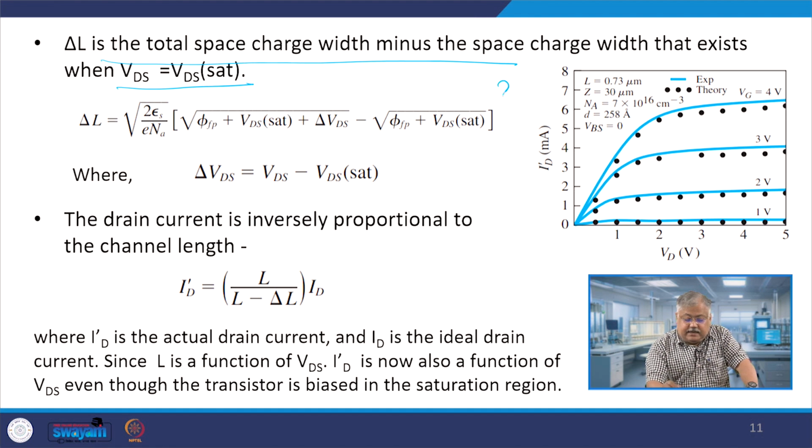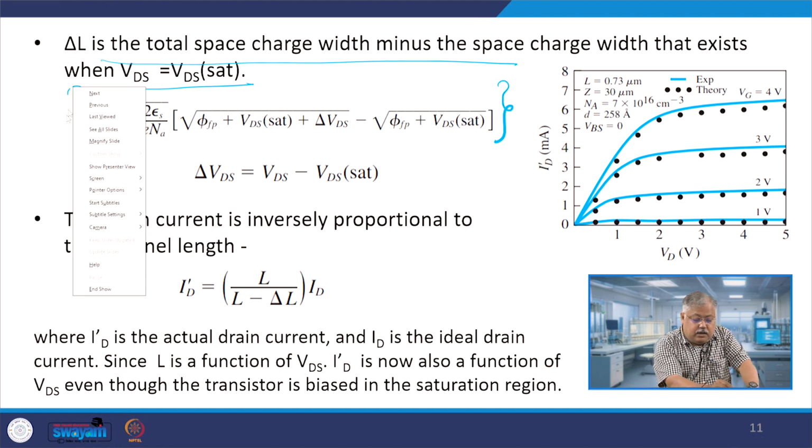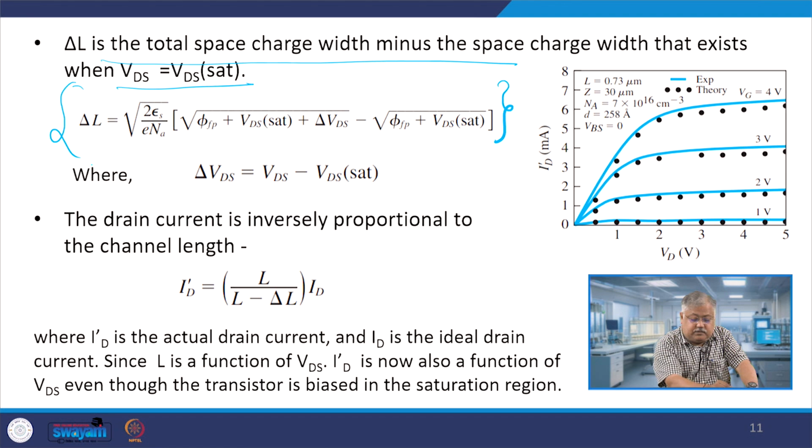So, delta L is given by this formula here, and it depends upon many factors, but primarily on the value of del VDS. It also depends upon VDS sat, which is obviously changing with respect to VGS minus VT, and del VDS is equal to VDS minus VDS sat.